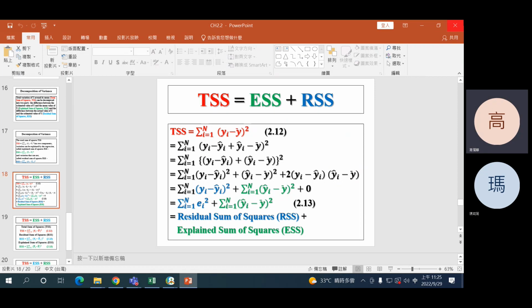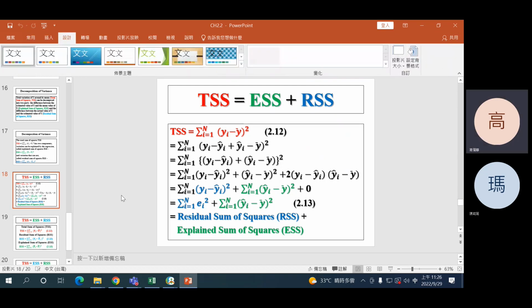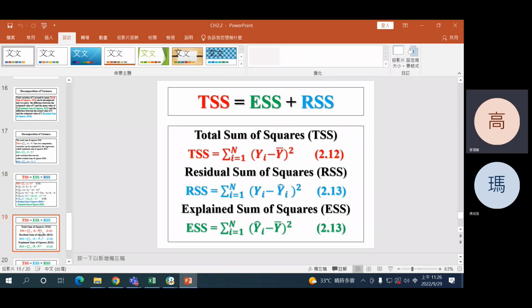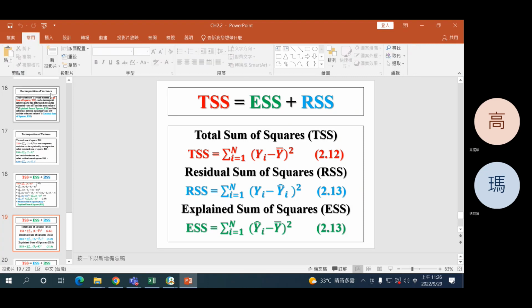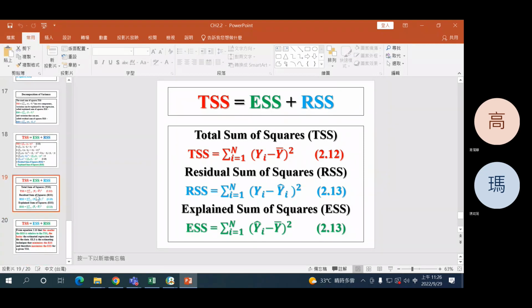Okay, so after I explain this, later on I'm going to use some ideas to evaluate how good the model is.